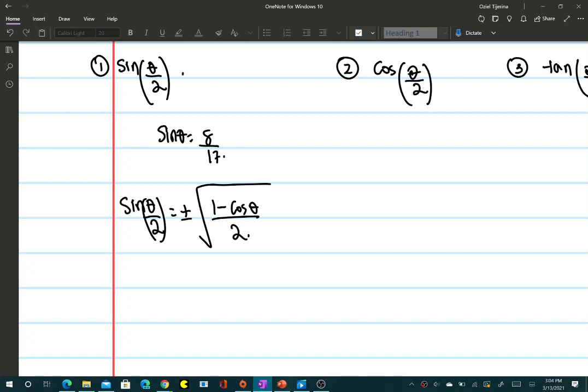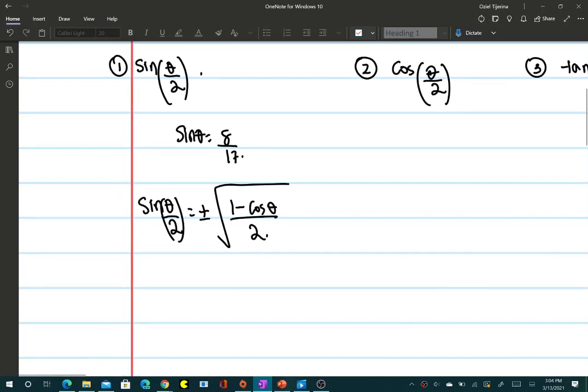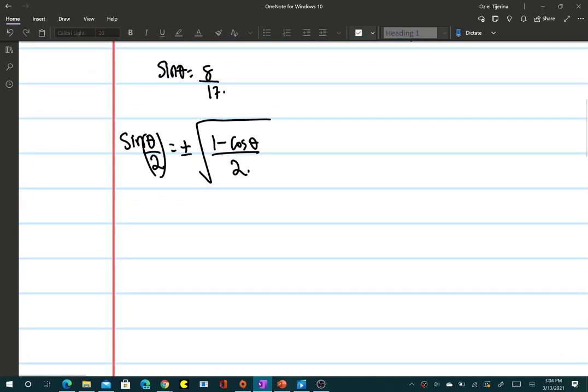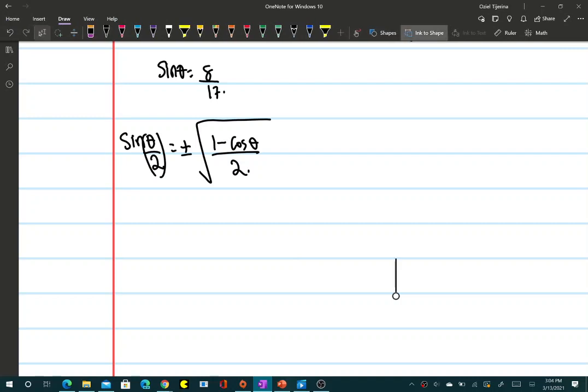So, knowing that, we have the following trigonometric value: sine of theta is equal to 8 over 17.